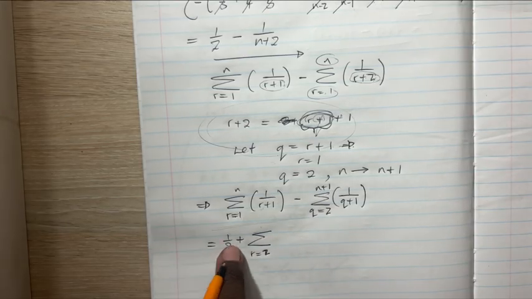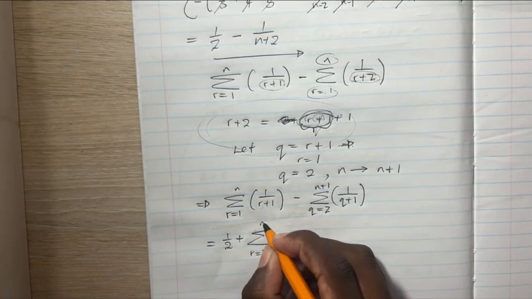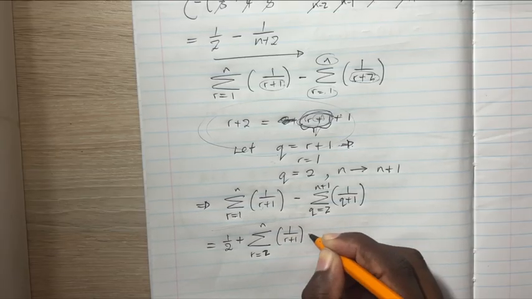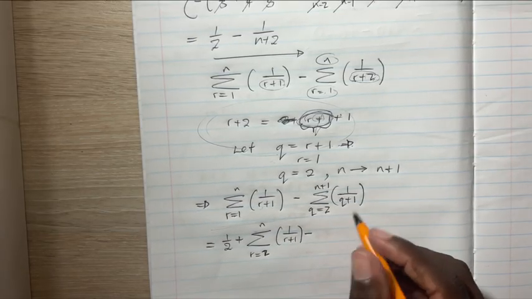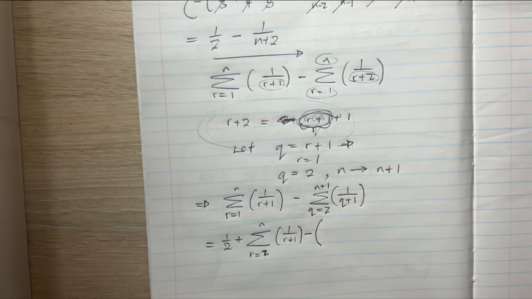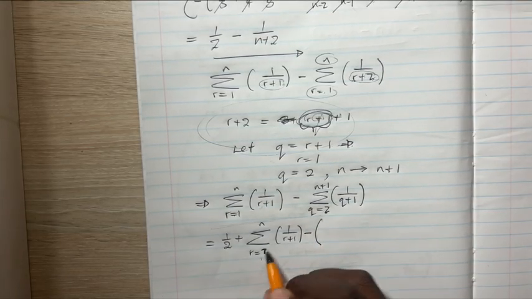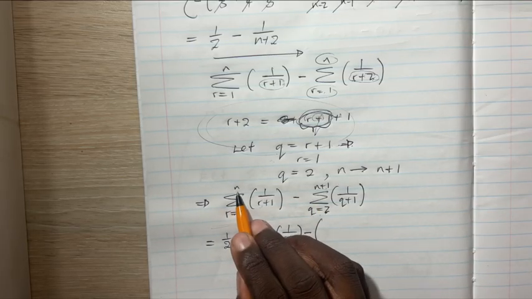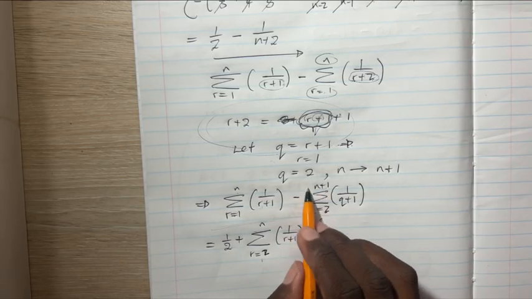Now starting at 2 because you've removed the first term, n, 1 over r plus 1 minus, check this one. This one is starting at the right number, 2, but it's ending at n plus 1, whereas this one is ending at n. So we need to deal with the n plus 1 term.